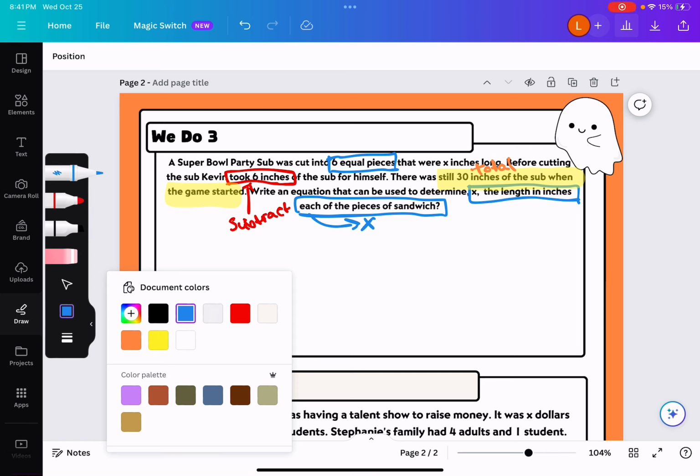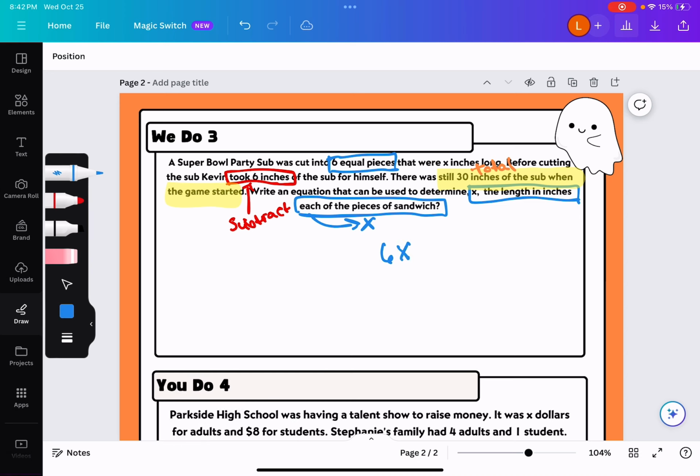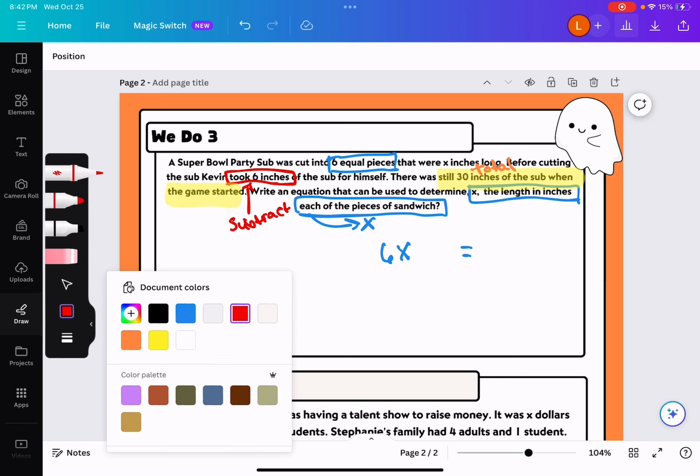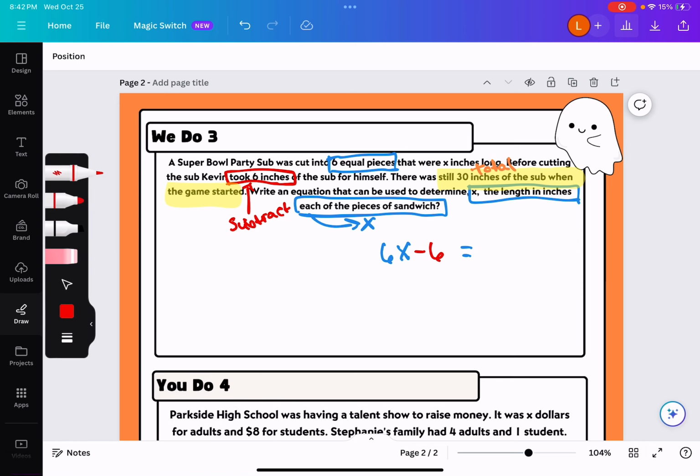So we said that X goes with each of the pieces, right? So X is going to go with 6. That is correct. Okay. And then we said took, that means to subtract. So we're going to subtract 6 inches.